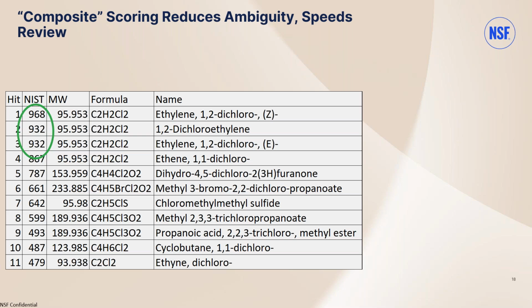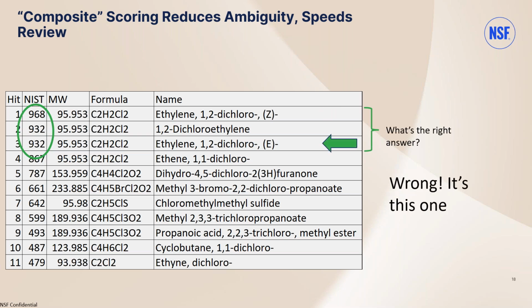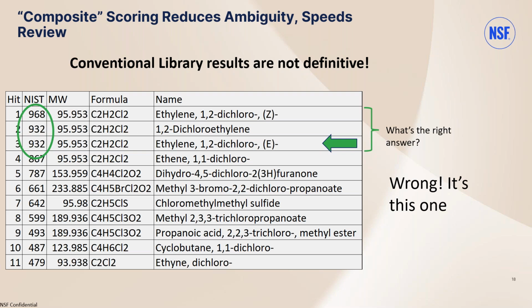But for this case, you've got several possibilities, and the top match, being the Z isomer here, seems like it would be the likely candidate. But is it the correct one? In this case, it's not. In this case, the E isomer is actually the correct one, and GCID can show how this is the case.